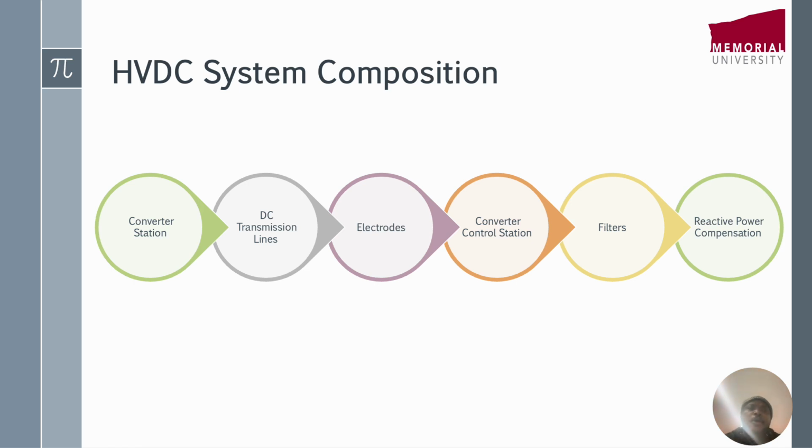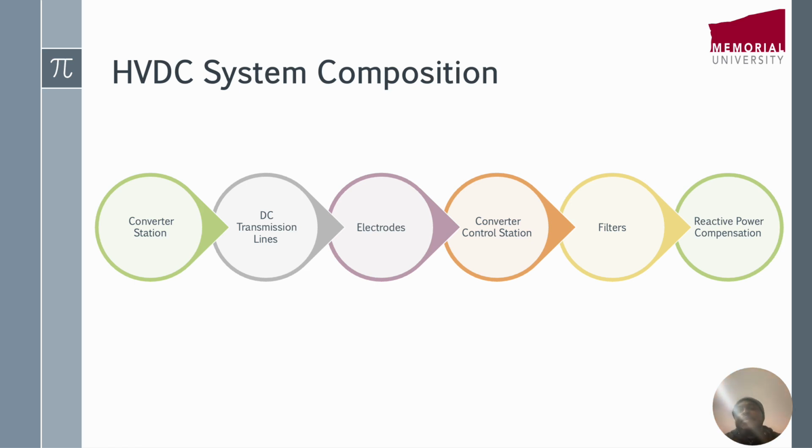So basically, the source station would have a converter station where inputs from the various generators, like the renewable generators, would be received from a feeder. This feeder input would then be converted to a DC component and transmitted via DC lines.